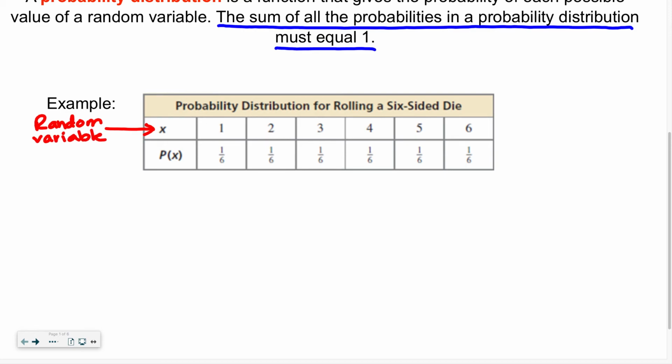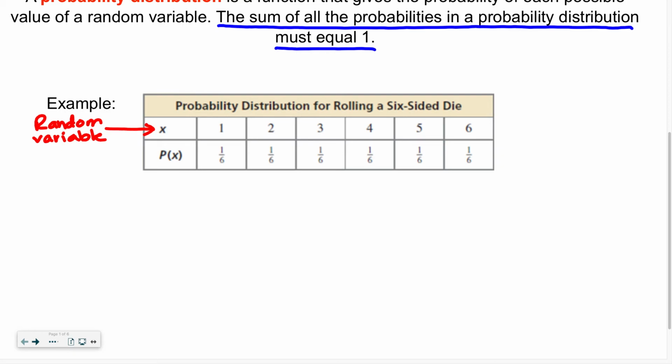So the random variable is going to basically be assigned all the possible outcomes in that probability experiment. If our experiment is about rolling a 6-sided die, the possible outcomes are 1 through 6. So we have to assign the random variable each of those values, 1 through 6.